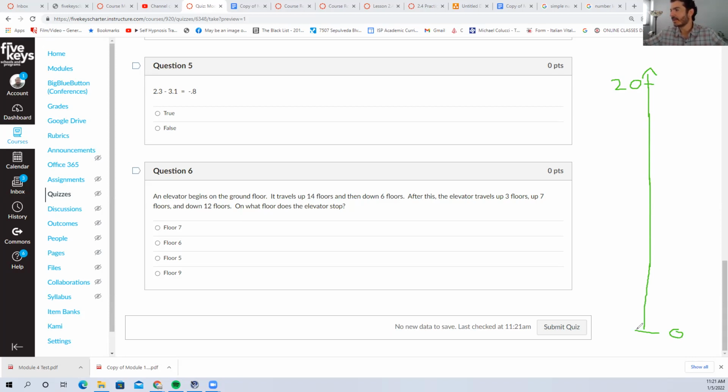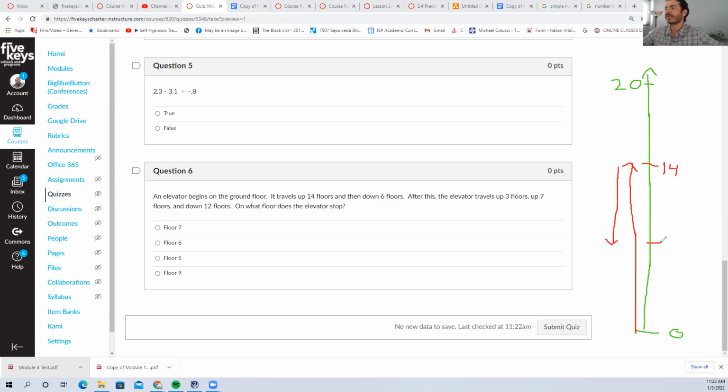Unless it has like a basement or something, but I don't think it does. So first it goes up 14. And then it's going to go down 6.